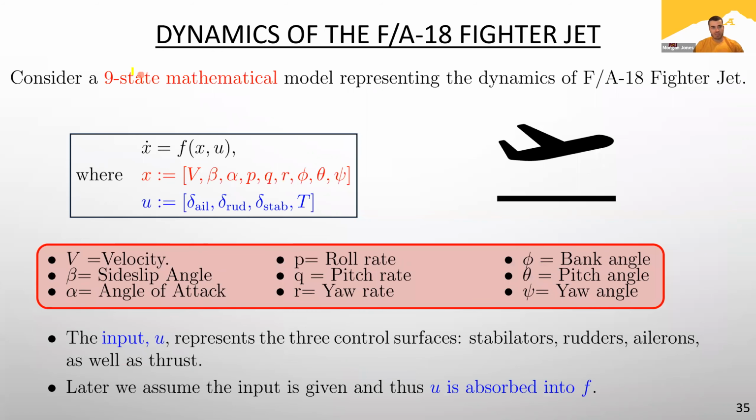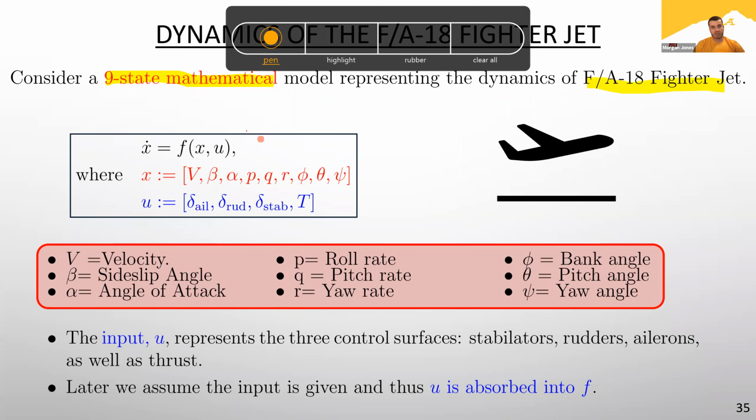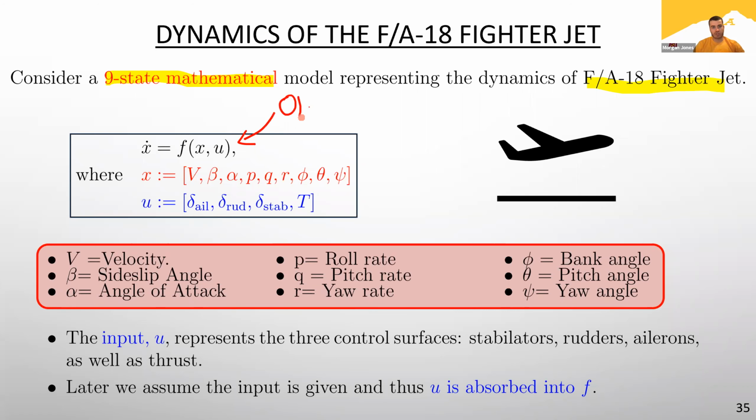So if we consider a 9-state mathematical model that represents the F-18 fighter jet, this model is written as an ordinary differential equation, as we've considered before. And the state space corresponds to various parameters of the airplane, like the velocity and the angle of attack.